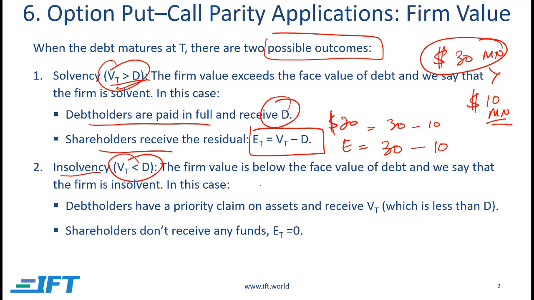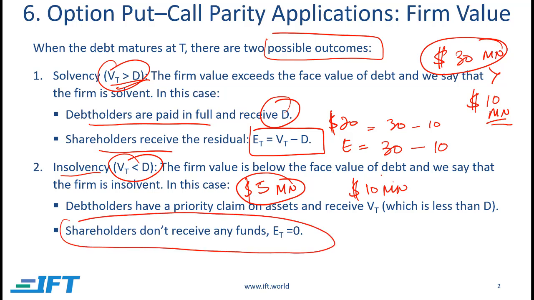So let's say the value of the firm goes to $5 million, God forbid, and you have to pay back the bank loan of 10 million, then naturally, obviously, nothing will be left for the shareholders. Even the bank will not get full money back, right? So only if the value of the firm is greater than the debt amount will the shareholders get something. Otherwise, they will receive nothing back, and their investment in the company will become zero.